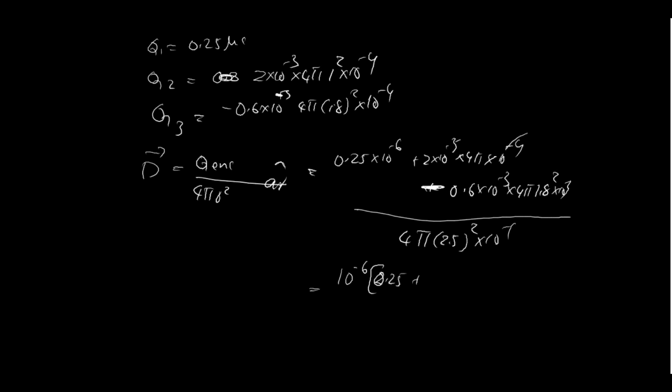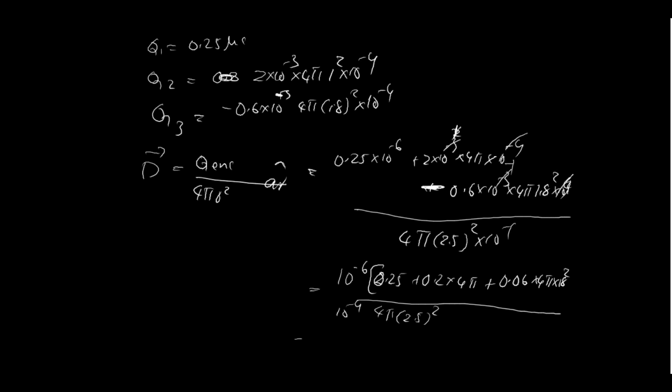Here minus 4 and minus 2, or minus 1 will be there, which means 0.2 into 4 pi, plus here if we take 10 raised to minus 4 and minus 3, minus 1 will be there, so 0.06 into 4 pi into 1.8 square divided by 4 pi 10 raised to minus 4 into 4 pi into 2.5 square.